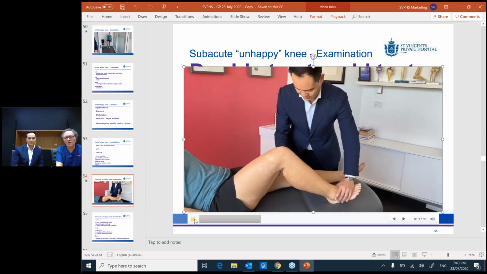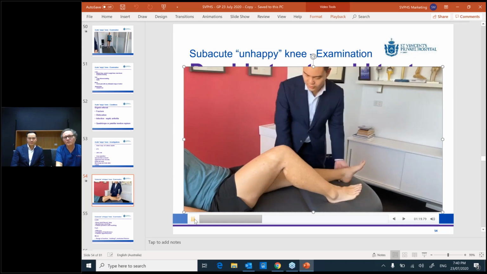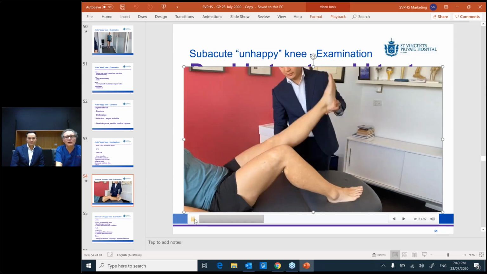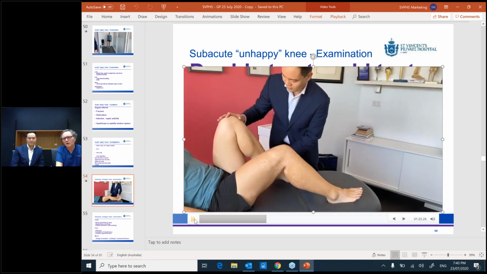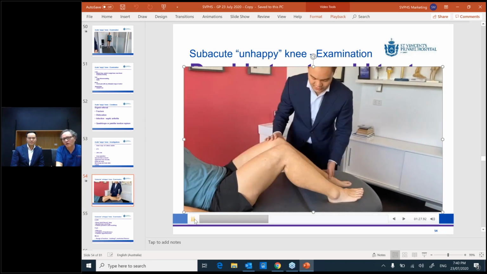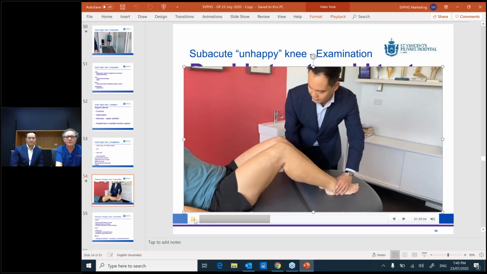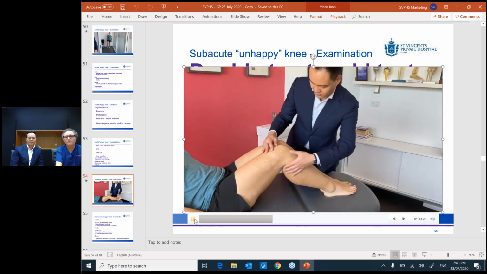Horng's now kept the knee there at 90 degrees, and he wants to assess the contralateral limb. It easily moves to 140 degrees, full extension. And now he puts both knees to 90 degrees, puts the heels together, and he's comparing them.